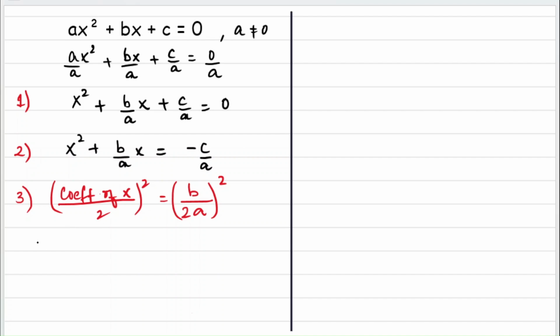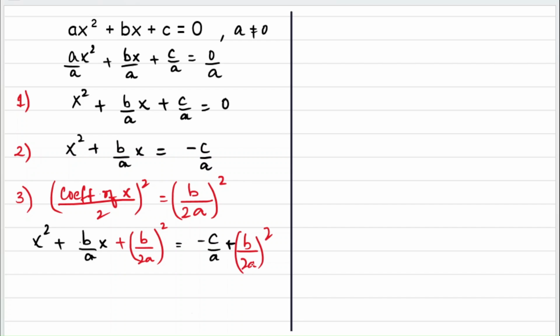So let's do that. I would be getting x² + (b/a)x, these two terms. And now let me add this term on both sides. So it's (b/2a)² on this side equals −c/a plus again this term on the right side, (b/2a)² on this side too.